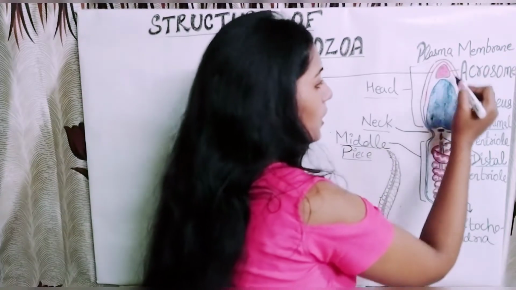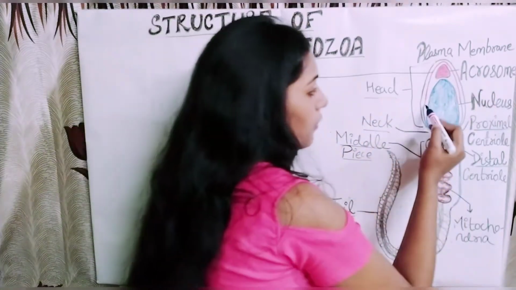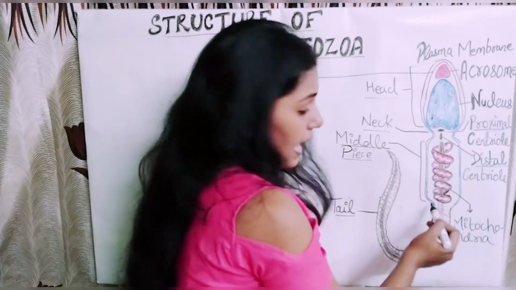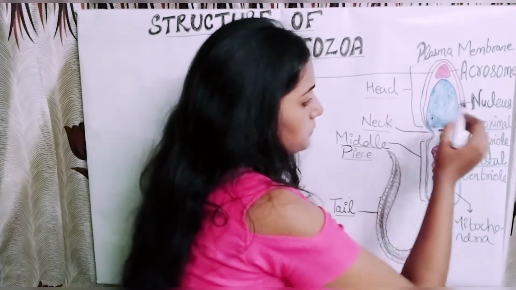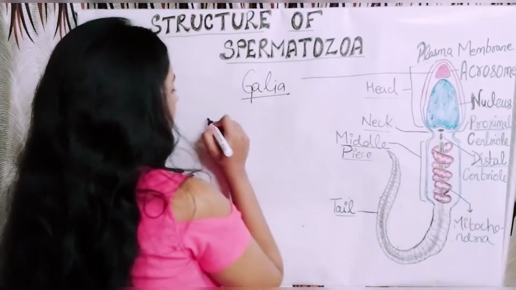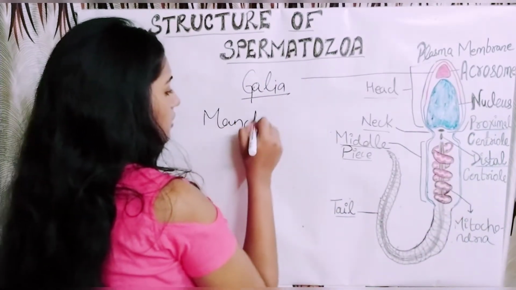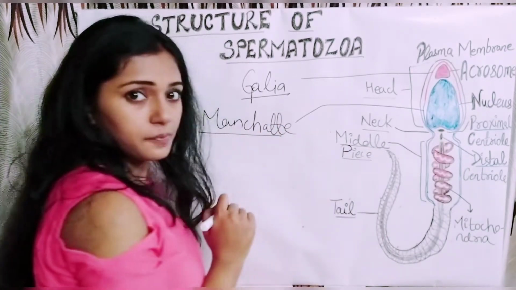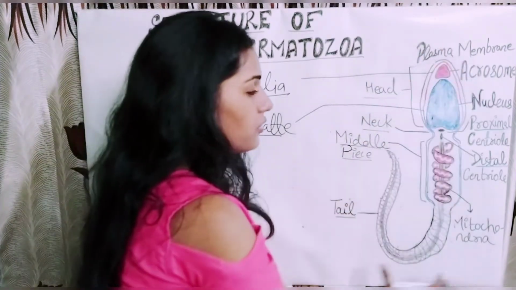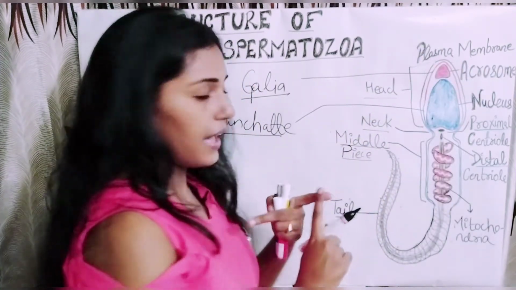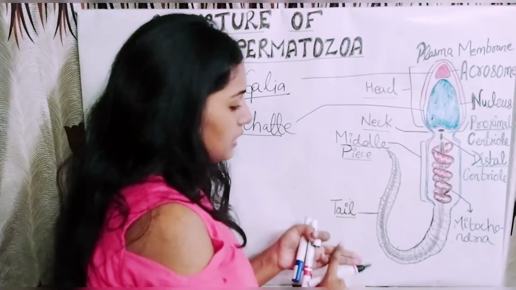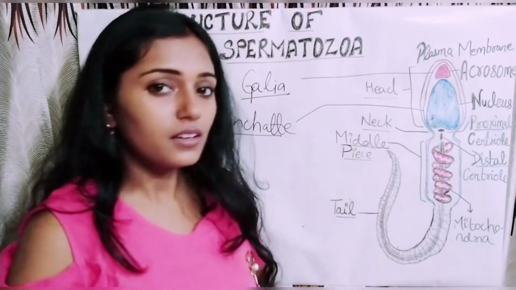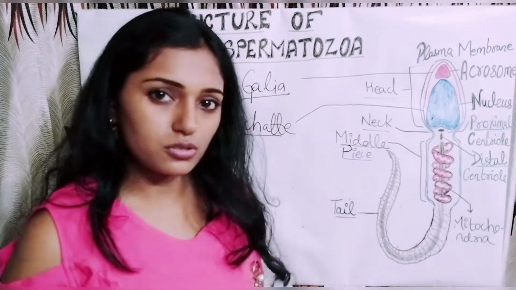From the other half of the nucleus going downwards till the middle piece, ending at the tail, this membrane is called manchette. Now we are done with the structure of the spermatozoa: the head, the neck, the middle piece, the tail and the membranes that surround the spermatozoa.